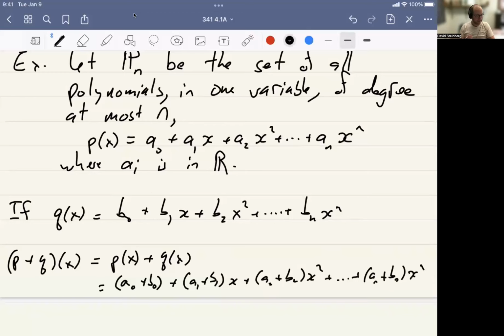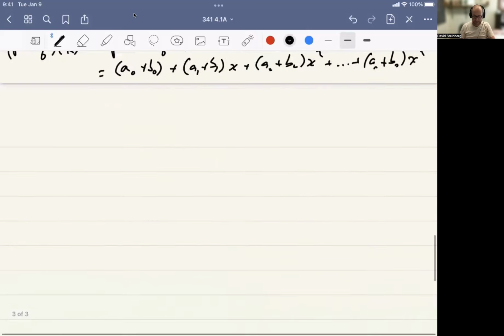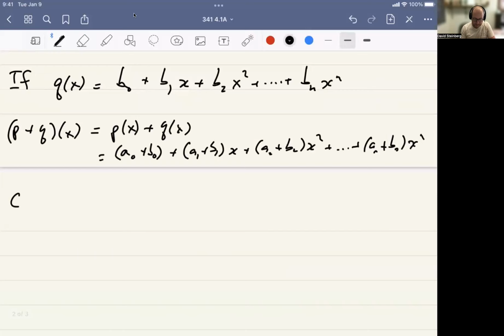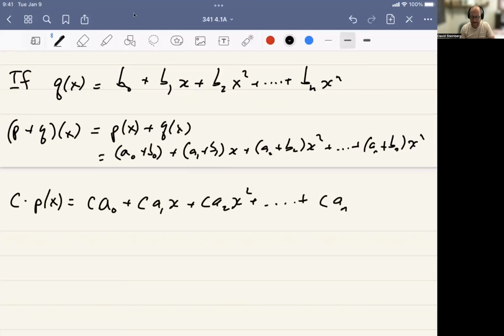So not a huge surprise that we can add polynomials. And similarly, it won't be a huge surprise that when you multiply a polynomial by a real number, you get back exactly what you think you ought to, what our regular arithmetic suggests you must get back. You're going to get back c times a0 plus c times a1x plus c times a2x squared, all the way up to c times an x to the n.